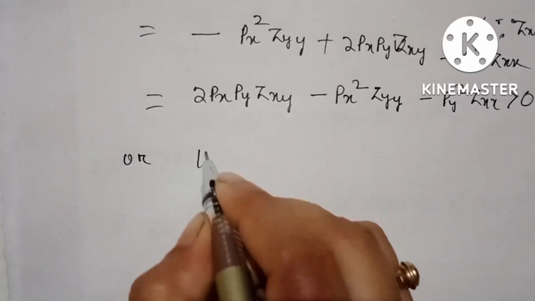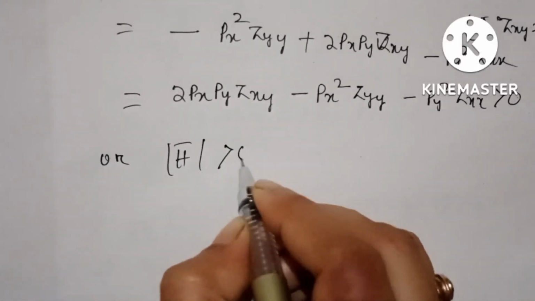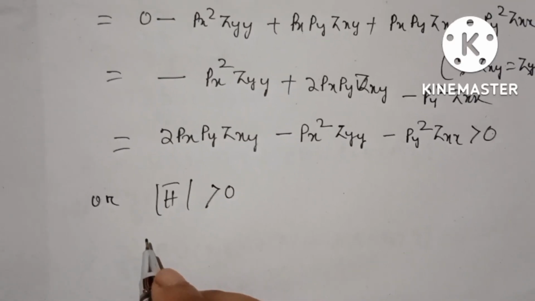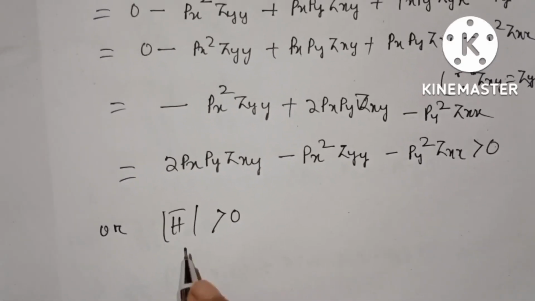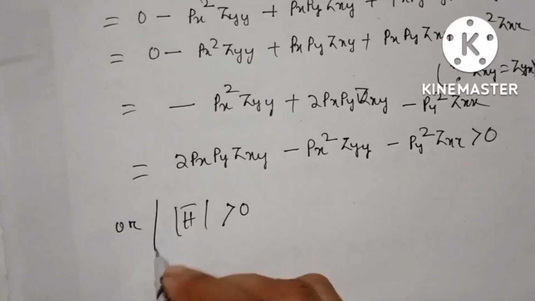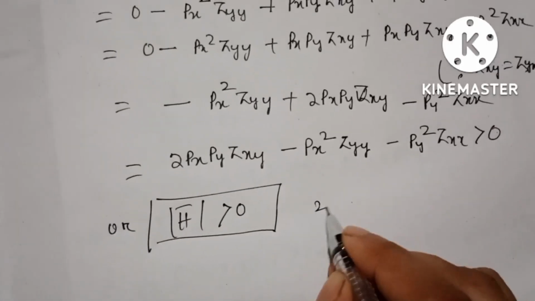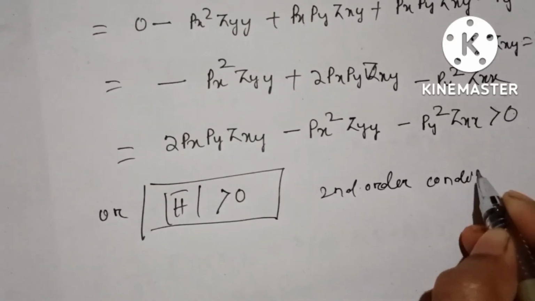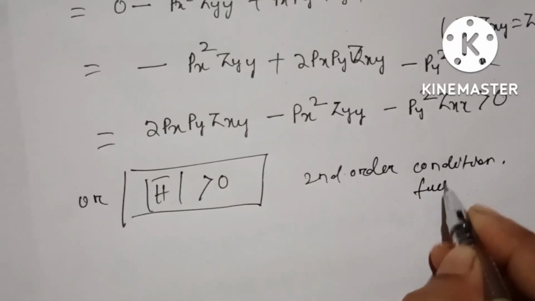Or your bordered Hessian determinant is greater than 0. Or you can say the second order condition at the point of equilibrium is that the IC must be convex to the origin. If this condition is satisfied, then our second order condition is fulfilled.